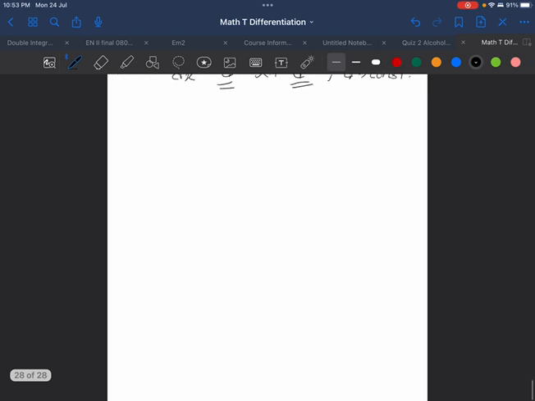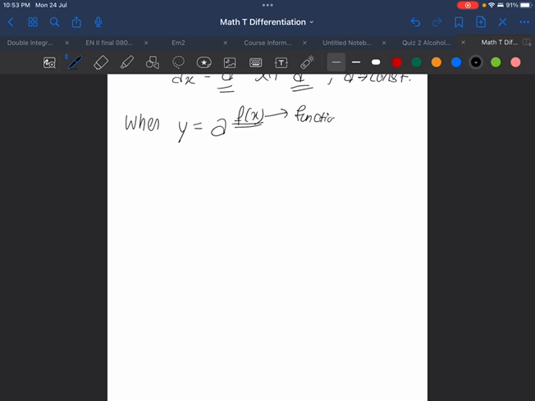So another tricky part that will come up is when y equals a to the power of f x. That means here is not only a single term x, it is a function of x. For example, 3x plus 6, 5x squared plus 6x, something like that.